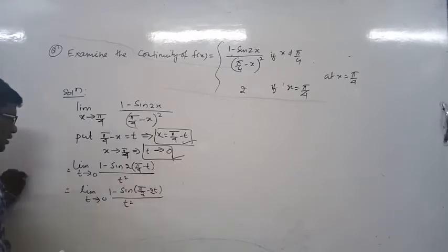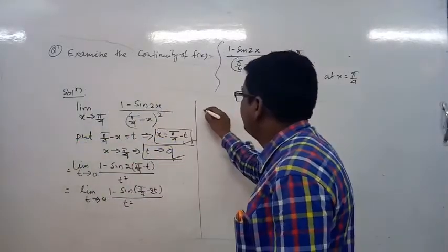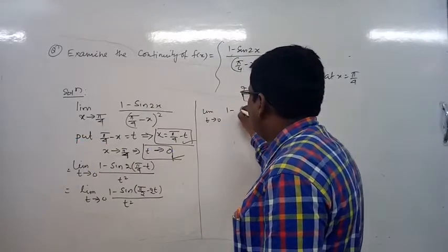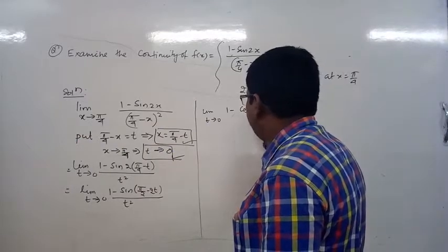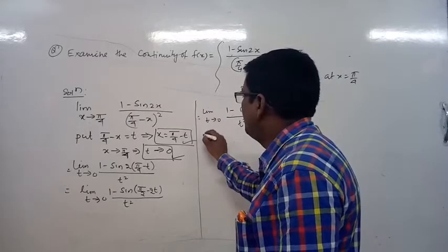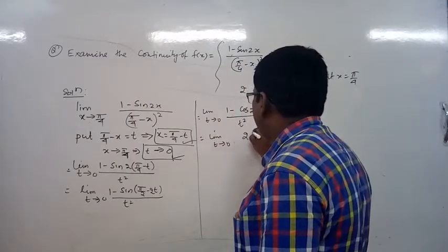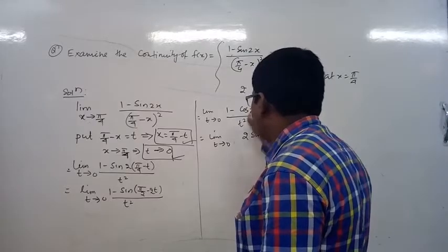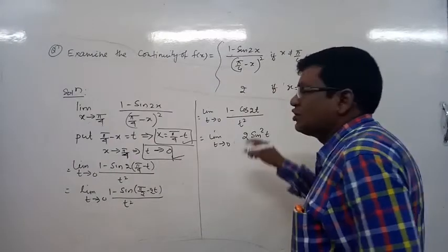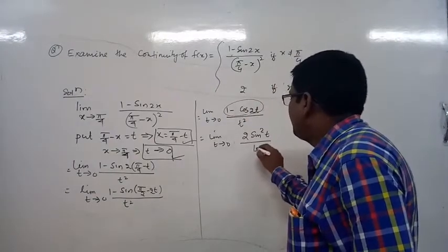Clear? And this is equal to limit t tends to 0, 1 minus cos 2t divided by t square. And this is equal to limit t tends to 0, using the formula 1 minus cos 2t is 2 sin square t, 2 sin square t divided by t square.